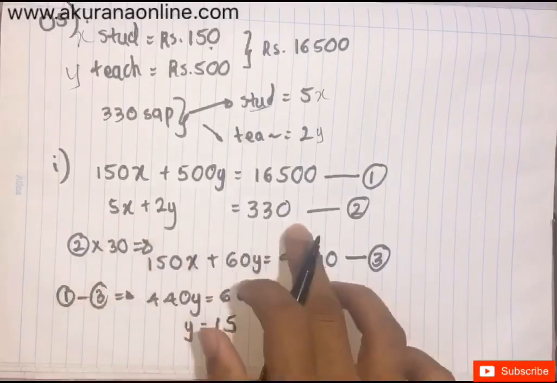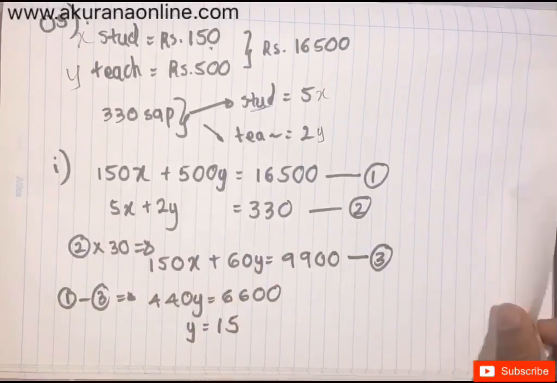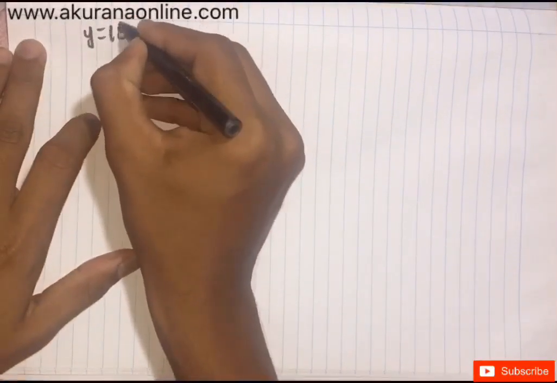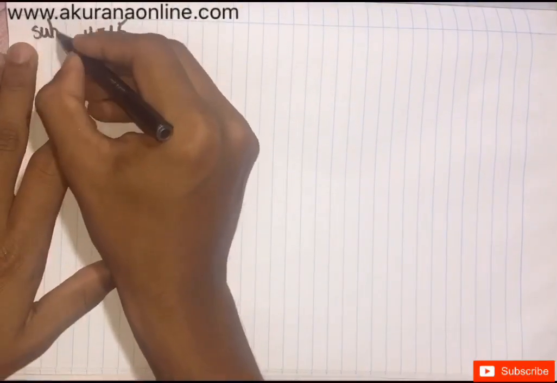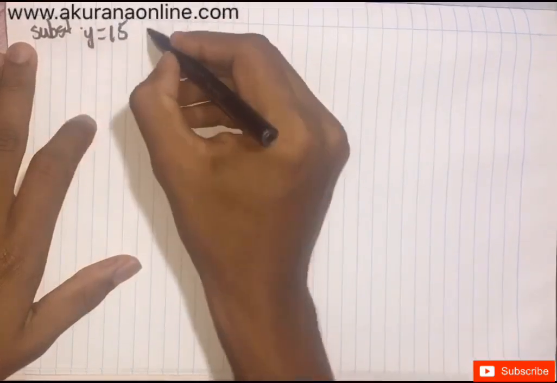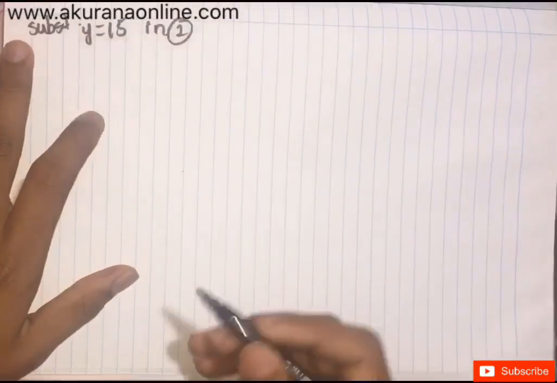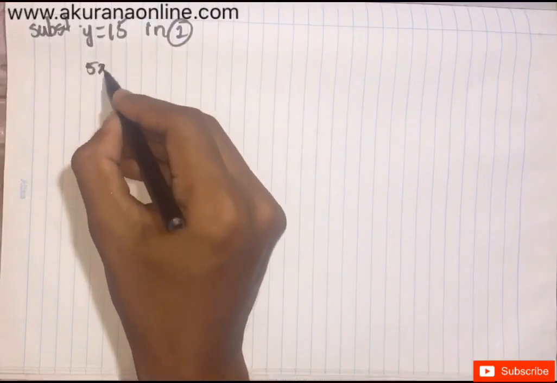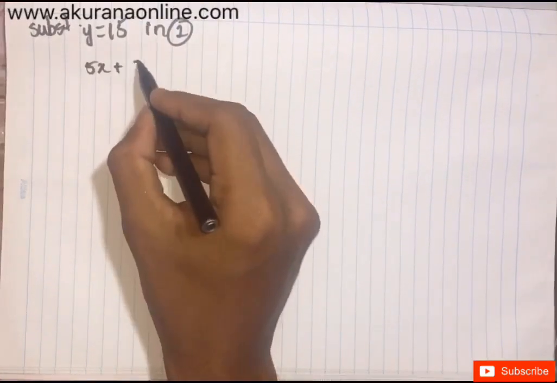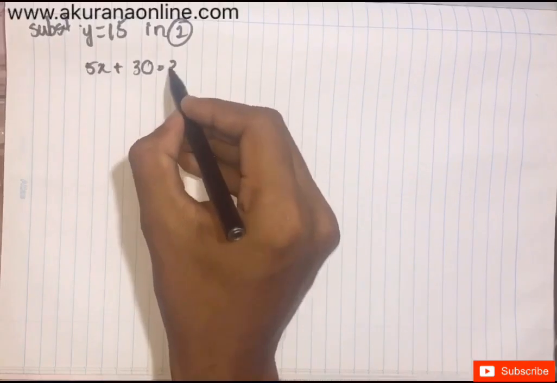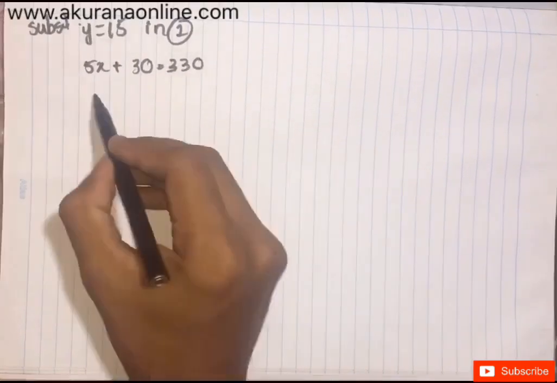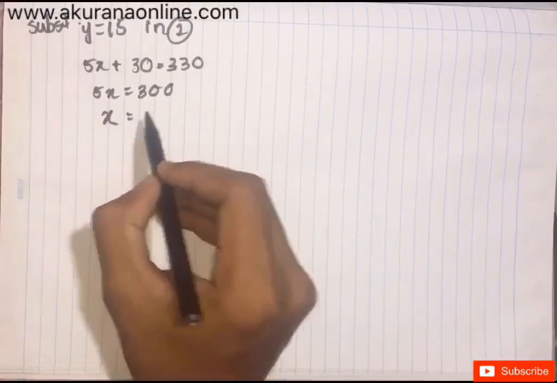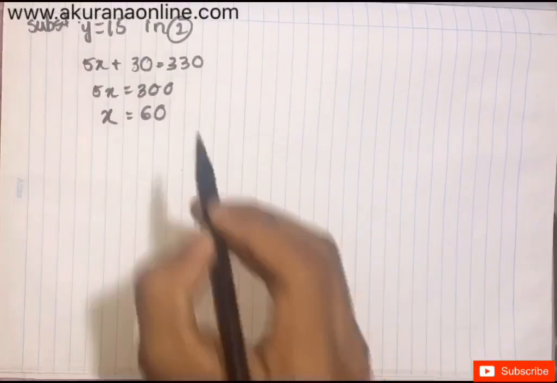Since the second equation is small, let us take the second equation. Substituting y equals 15 in the second equation, you had 5x plus 2y. 2y means you get 30, equal to 330. Therefore 5x equals 300, x is equal to 60.